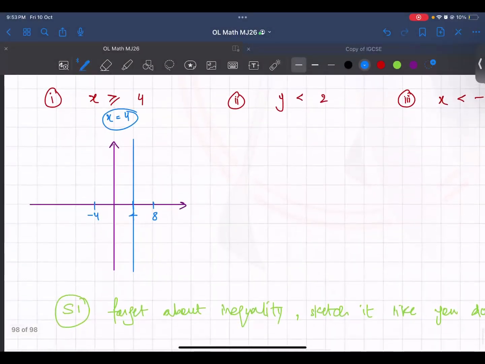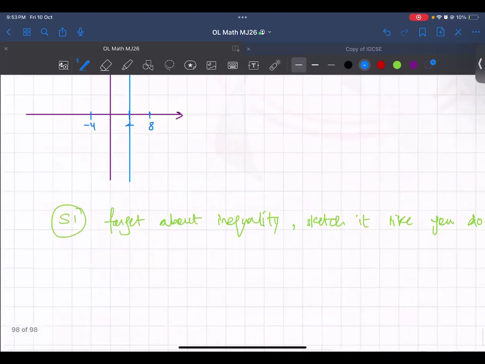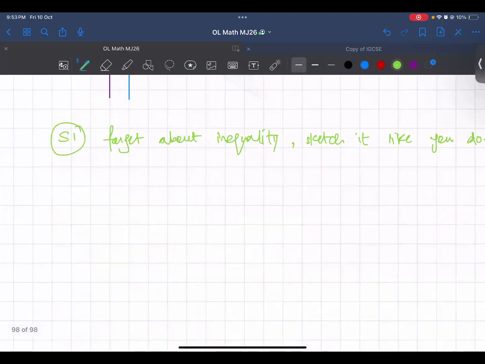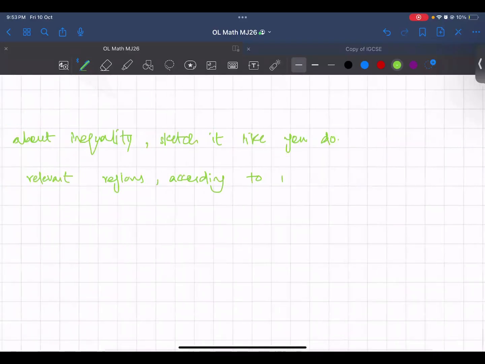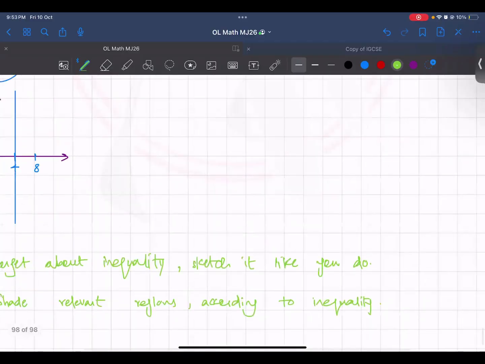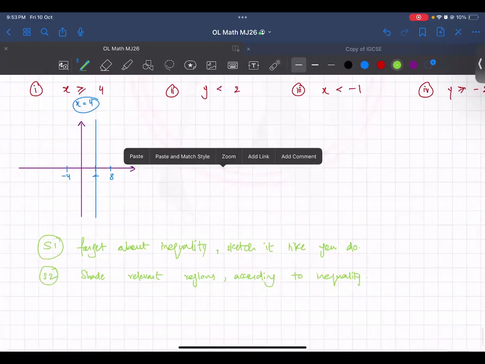And now what would you do? Now you would shade relevant regions according to inequality. I will tell you what regions to shade. But first we will plot all of them.